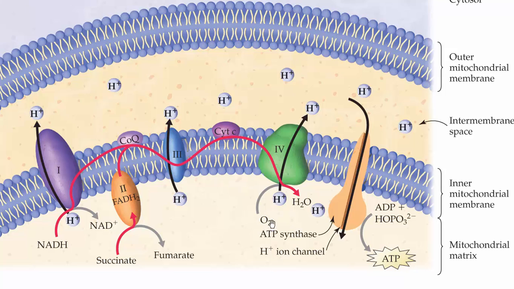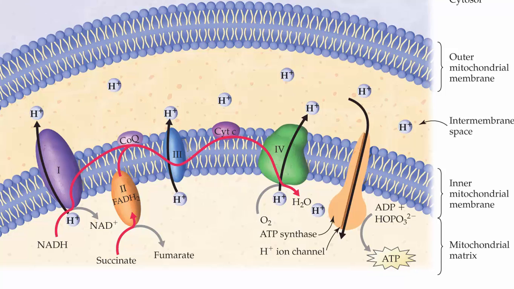Now, notice here, complex 4 is the one that reduces oxygen to water. The final electron acceptor from complex 1 to 2 to 3 to 4 is molecular oxygen, where it is reduced to water. So water is formed here, and in the citric acid cycle we saw CO2 produced.